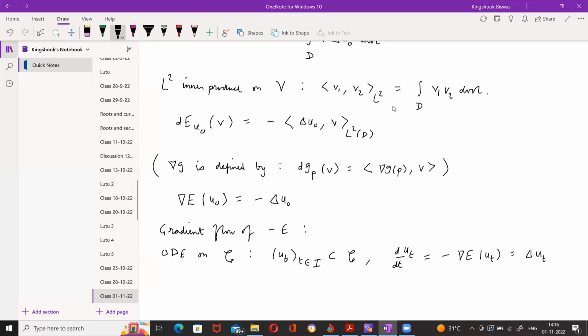So the integral curves of the gradient flow of minus the energy, those are solutions u_t of the heat equation. Is this clear now?